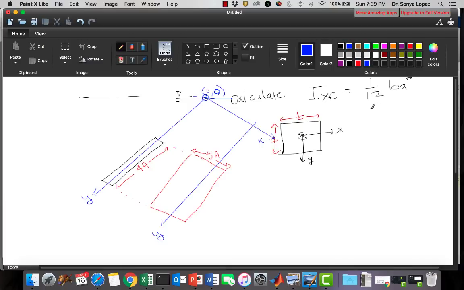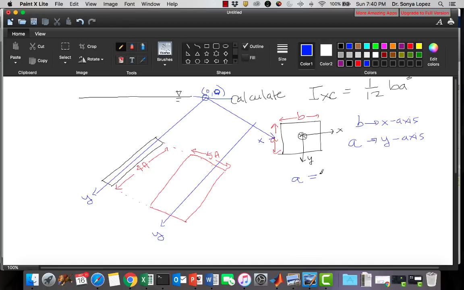Okay, so now what is A and what is B? Well, B corresponds to the x-axis distance. Do you see that? This is my x-axis, this is B. A corresponds to my y-axis here. So then what are A and B in this example?